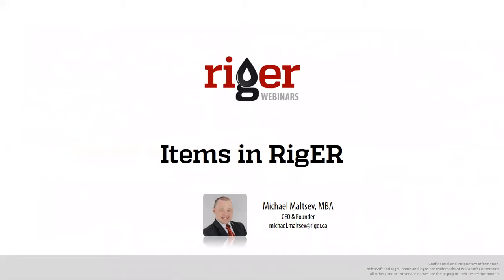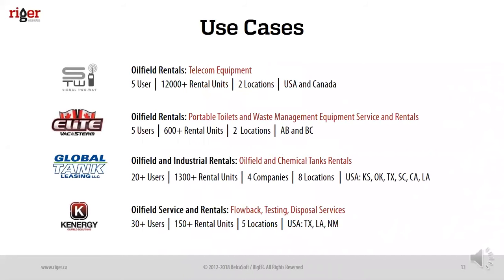And my first topic will be about all the items in RigER and how we track the items and why we need the items. Some use cases, examples of the RigER usage. Different companies with different numbers of rental units and different locations.